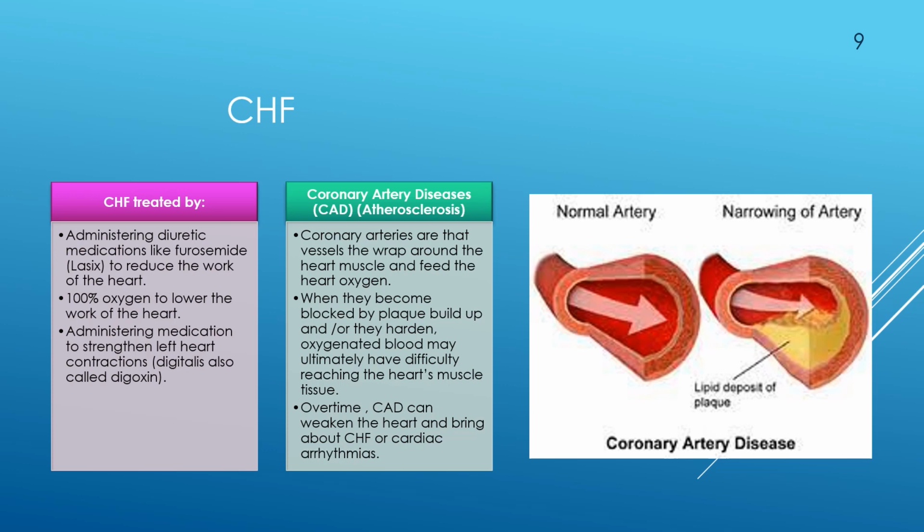As a result, it is difficult for blood to flow through them easily, and the heart muscle doesn't get the oxygen and everything it needs. Over time, this will weaken the heart, and you might end up going into congestive heart failure, or you might have cardiac arrhythmias. We all know about this, so just be a little bit cognizant of it.